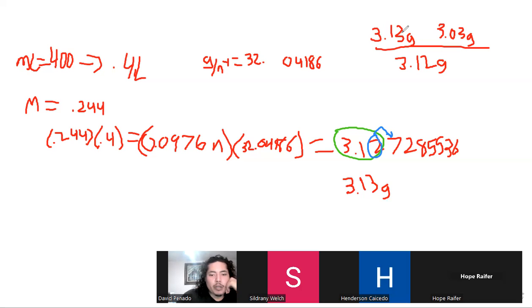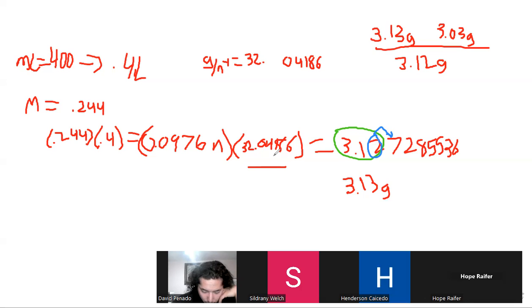That's without using the rounded sheet. Correct. All right, Henderson, is it almost the same thing? Yes, except for her 32.04186 part. I have 32.042. Okay, let me see. 32.042?